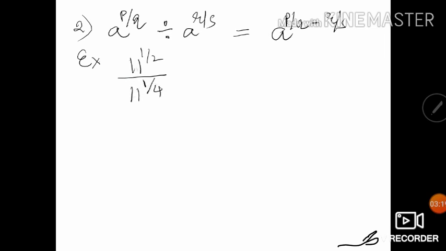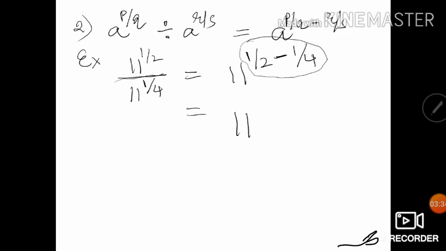So here two numbers have the same base and we are dividing them. So this will be written as 11 to the power half minus 1 upon 4. Calculate this part. Taking the LCM, that is 4, 2 minus 1 in the numerator. So our number results as 11 to the power 1 on 4.